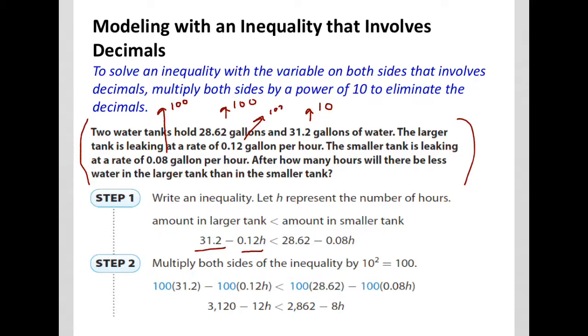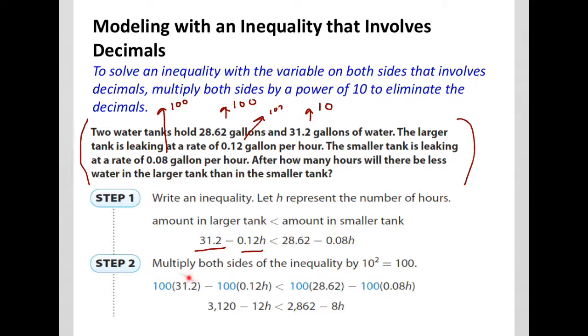And the smaller tank starts out with 28.62, and it's leaking, or decreasing, or subtraction, at minus 0.08 gallons per hour. So we've gotten our inequality straight. Now, since 100 is the greatest power of 10 here, we would multiply both sides by 100, and both sides means every term on each side.